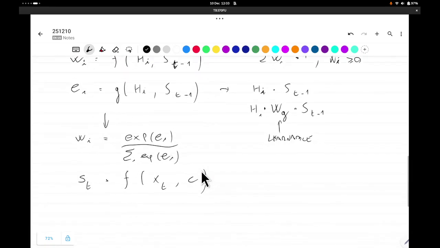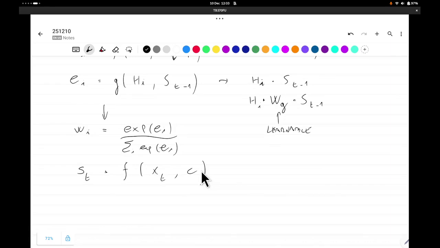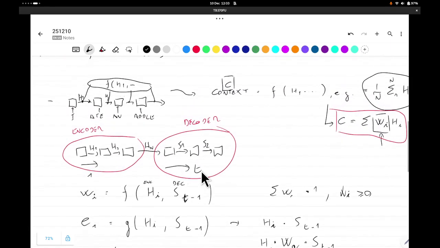So at this point we have a mechanism, a learnable mechanism that gives us how the state propagates in the decoder.